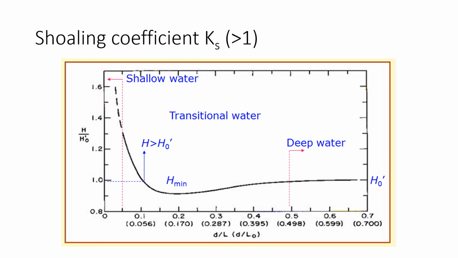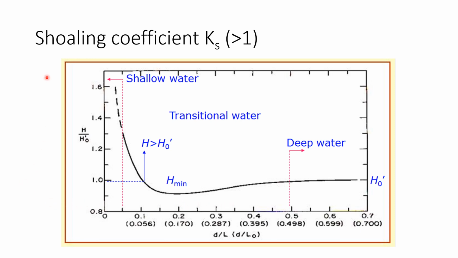This figure shows the value of the Shoaling coefficient Ks as we move from deep water to shallow water. On the horizontal axis below, we have the relative depth. We remember when relative depth d over L is more than 0.5, everything on the right hand side here is deep water, and d over L less than 0.05 is shallow water, so everything on the left from here is shallow water, and everything from here to here is transitional water.